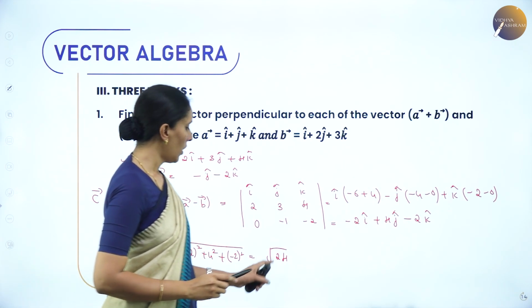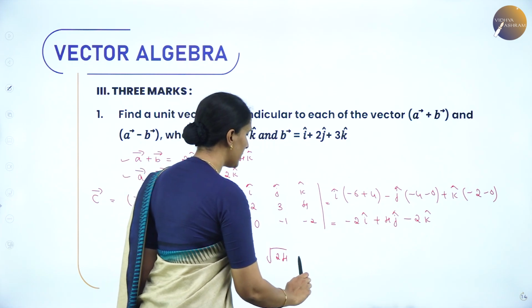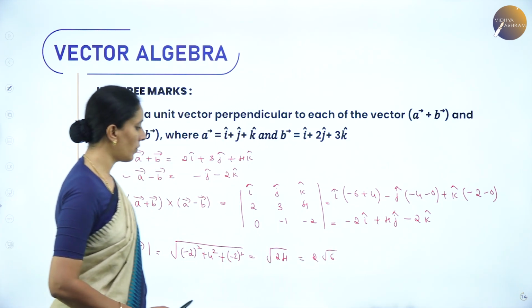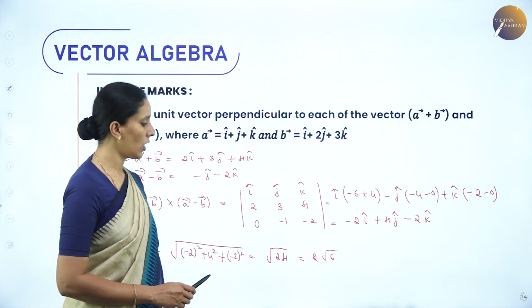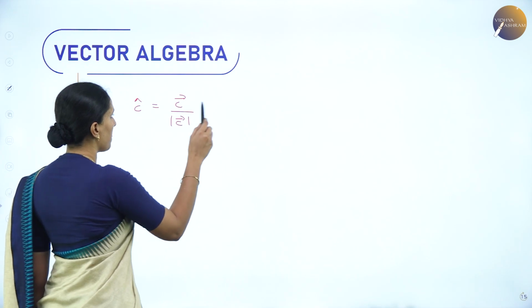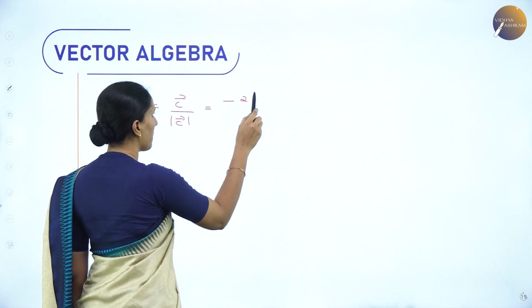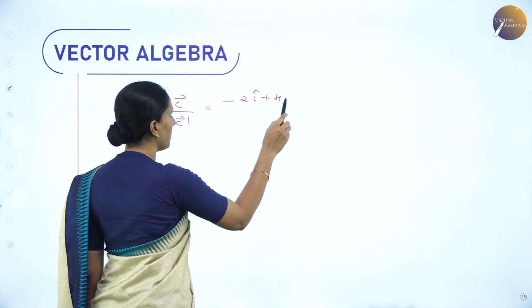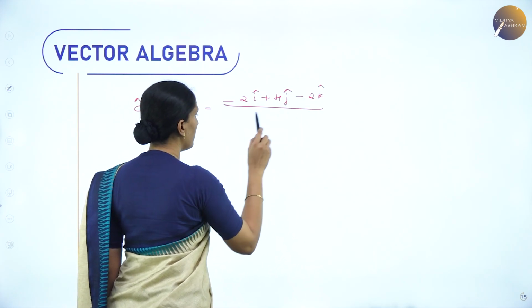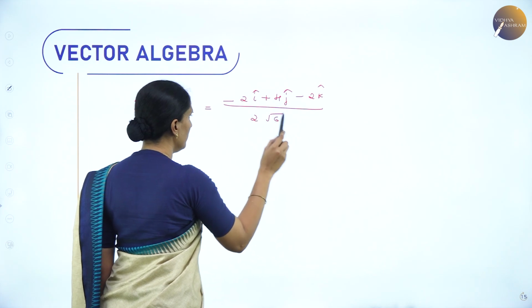And here root 24 can also be written in the form of 2 root 6 because 4 sixes are 24 and 4 can be taken out. So it is 2 root 6. Now here vector c is minus 2i plus 4j minus 2k whole divided by 2 root 6.